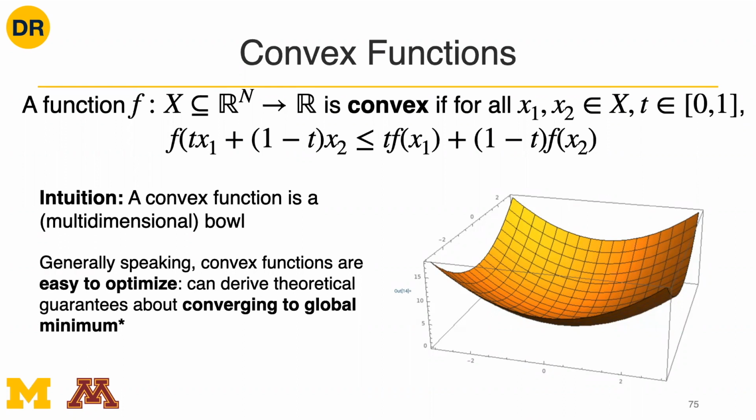If you are defining convexity on a particular interval, then it should have only one minimum in that interval, so it depends on how you define convexity. If you're defining convexity for the entire space, then it should have only one minimum. The thing to know about convex functions is that they're easy to optimize, and we'll always converge to a global minimum.